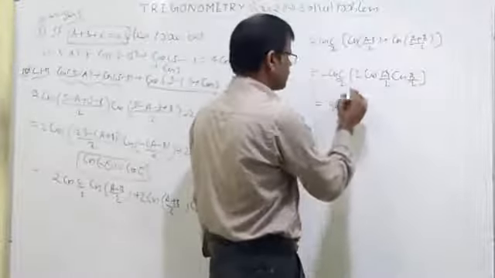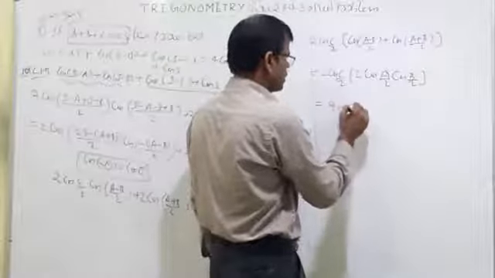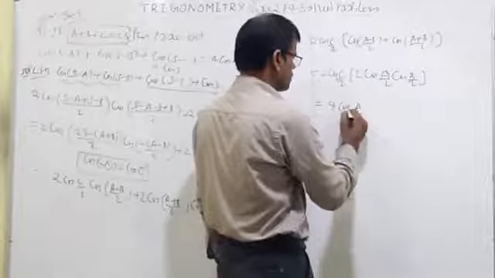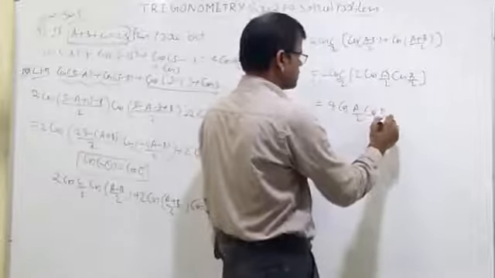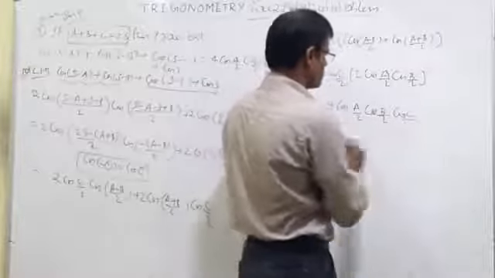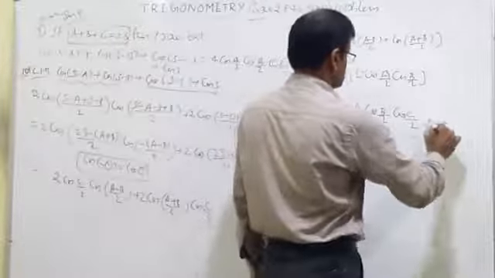Now multiply and write in the order. 2 twos are 4, 4 cos A by 2 cos B by 2 cos C by 2. This is RHS.